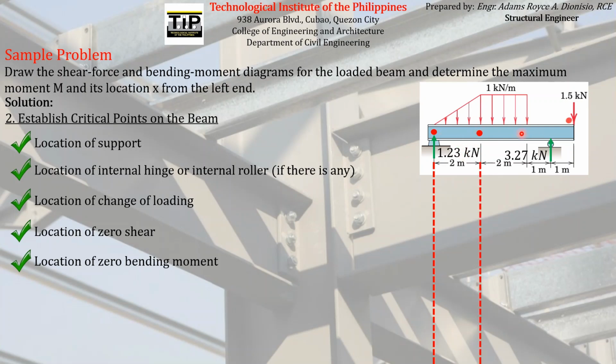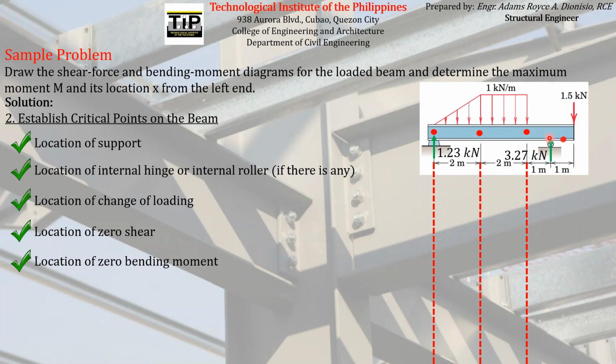This point is also a critical point because it is a location of change of loading as well. We have a rectangular load on the left of this point, but on the right, there will be no load. So there is a change in loading at this particular point. So that is a critical point according to these things that I have said.